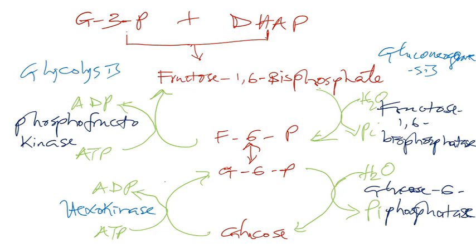catalyzed by hexokinase, in which the reverse step is catalyzed by glucose 6-phosphatase. And also the third step, which is catalyzed by phosphofructokinase, in which case the reverse is catalyzed by fructose 1,6-bisphosphatase.